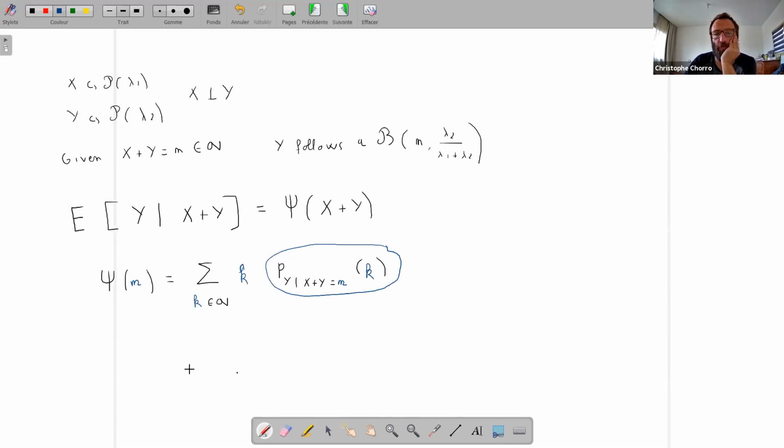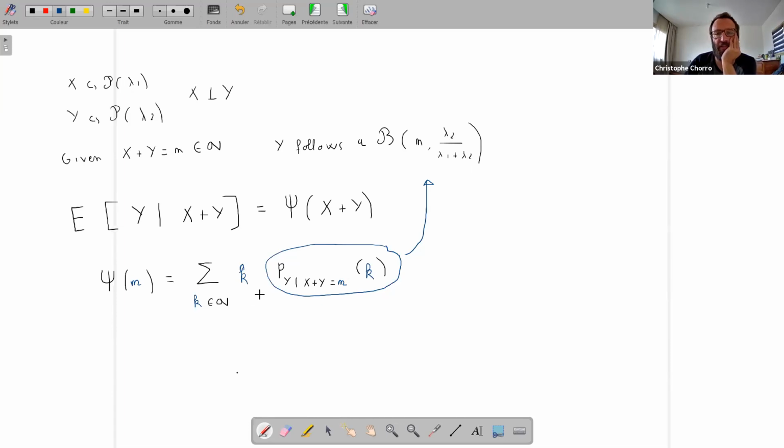But from a previous computation, we have seen that this conditional probability mass function is the one of a binomial of parameter n, lambda 2 over lambda 1 plus lambda 2.